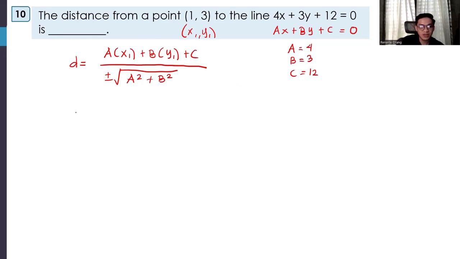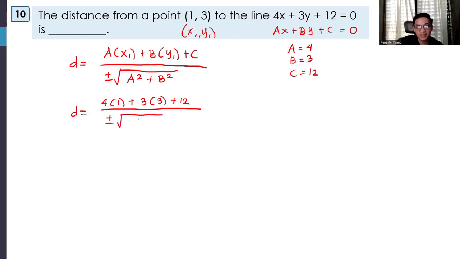So let's substitute everything into our formula. 4 multiplied by 1 plus 3 multiplied by 3 plus 12. Ayan, that's where everything comes from. Divided by, below, we have the square root, positive or negative, 4 squared plus 3 squared.